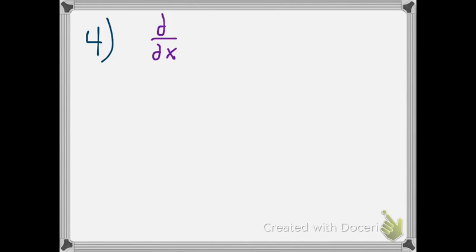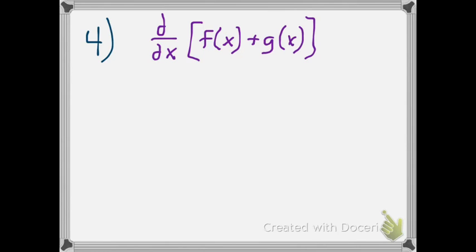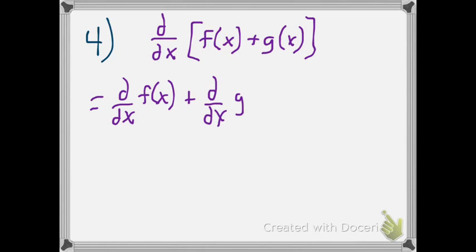Alright, so our final set of rules are called the sum and difference rules. The sum rule says that if I have the derivative of some differentiable function f of x plus a differentiable function g of x, then their derivative is going to be equal to d dx of f of x plus the derivative of g of x.